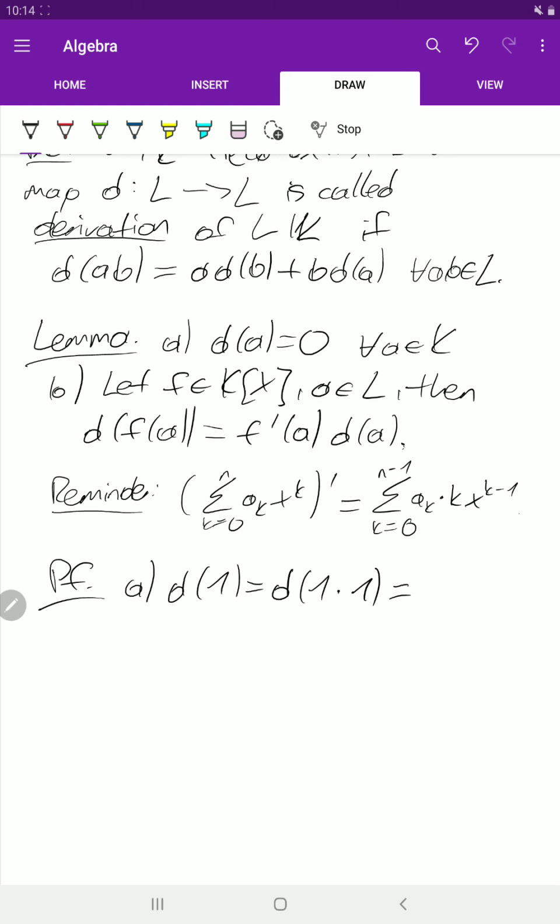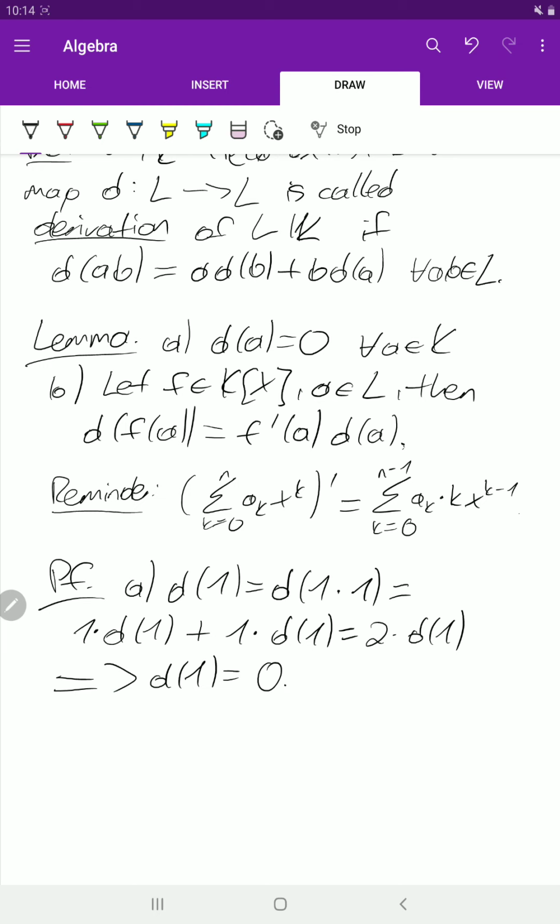So this is the derivation of 1 times 1, which is 1 times D of 1 plus 1 times D of 1, which is 2 times D of 1. And so if we subtract D of 1, we get that D of 1 is equal to 0.